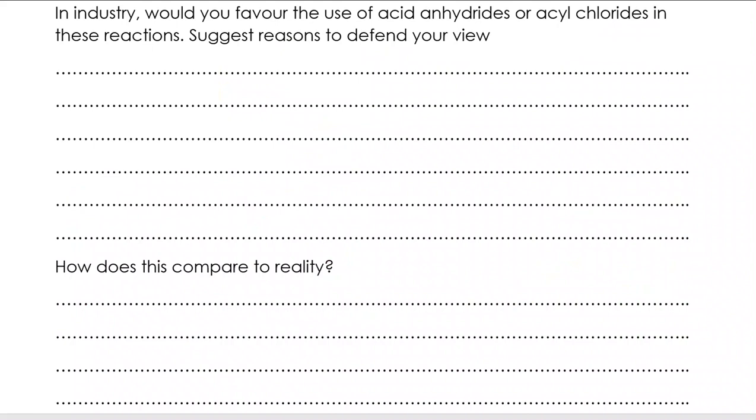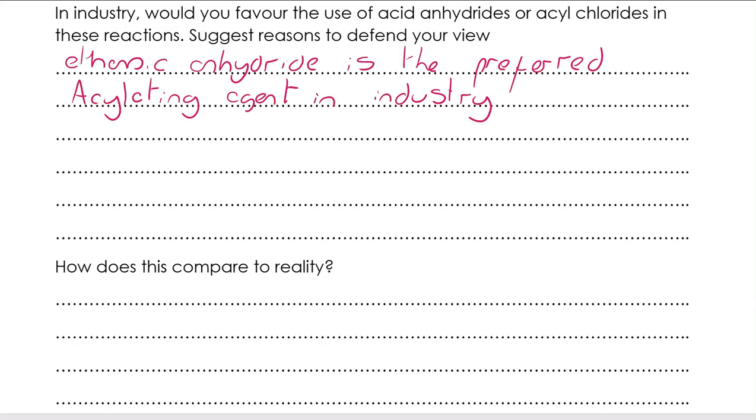In industry, would you favour the use of acid anhydrides or acyl chlorides in these reactions? Now, depending on what you've said, it could be that you've gone for exactly what we're talking about here, but there are certainly advantages for both, and we will discuss them. Actually, in industry, the favoured choice is acid anhydrides rather than acyl chlorides.